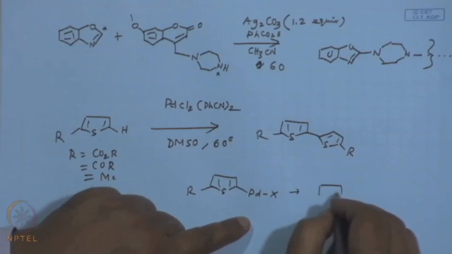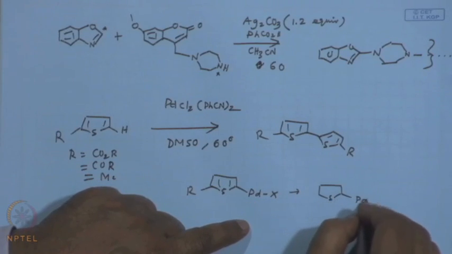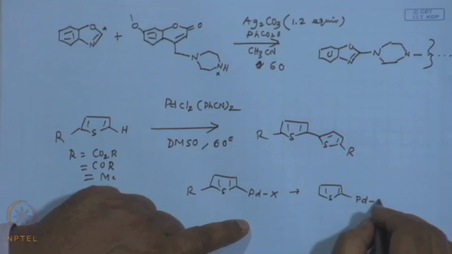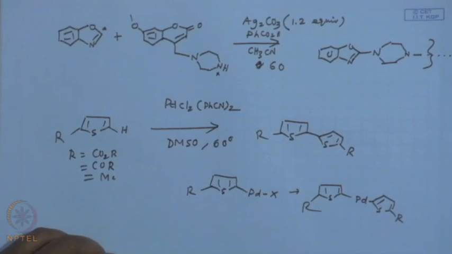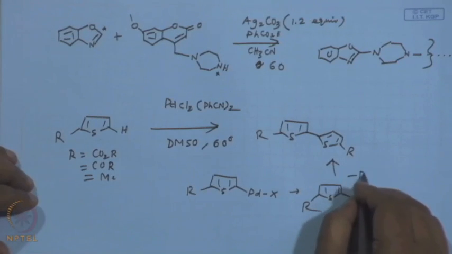Eventually we will get a palladated bis-thiophene. Then what? Then reductive elimination, minus palladium 0.